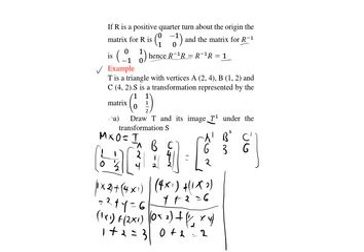Now we take the second row times the second column to get the y coordinate of B prime. So we have 0 times 1 plus 2 times half, and this gives us 0 plus 1, which is 1.